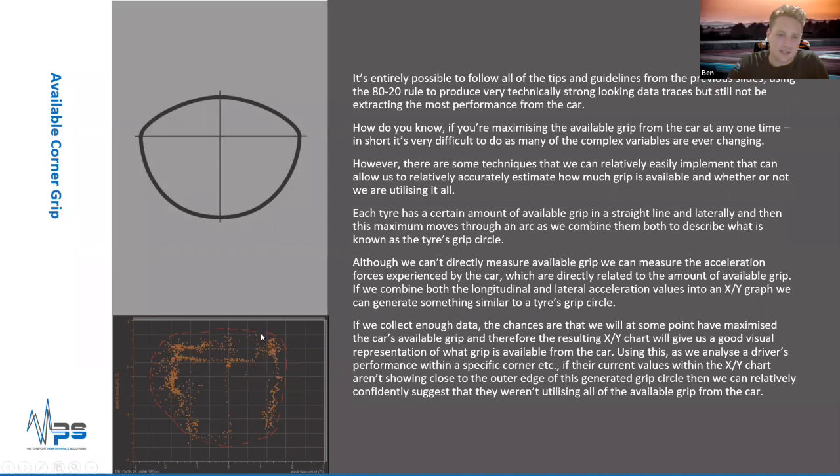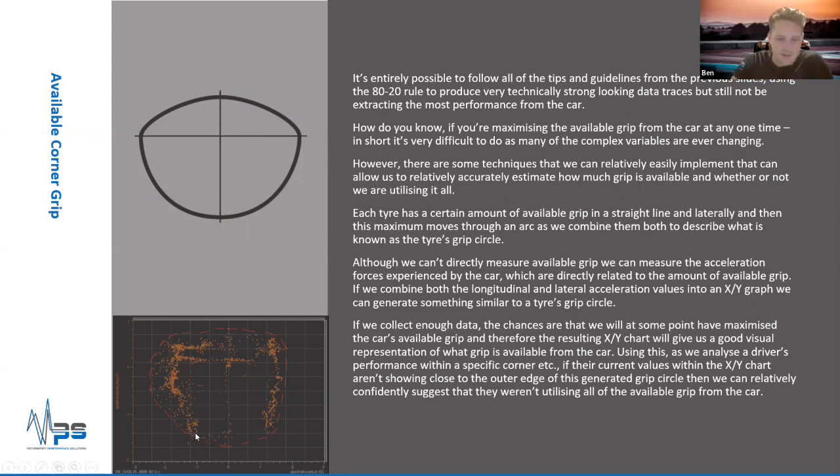So we use an XY graph and plot this lateral and longitudinal G. If we go out and collect enough data, the chances are, if you're trying hard enough, at some point in the lap you would have maximized the amount of tyre grip you have available in one of the corners.